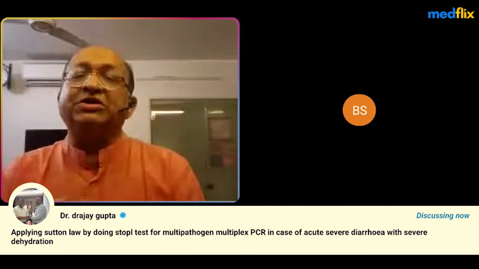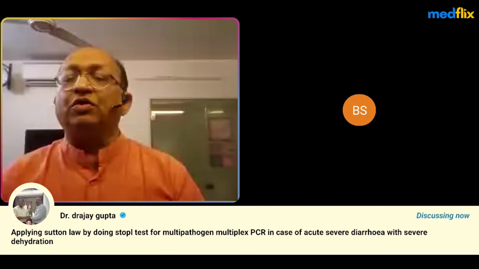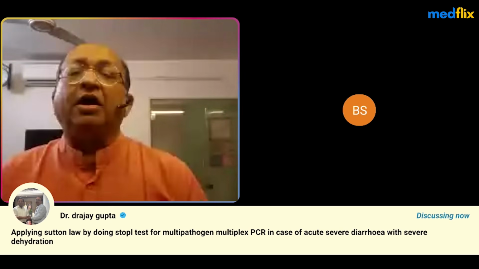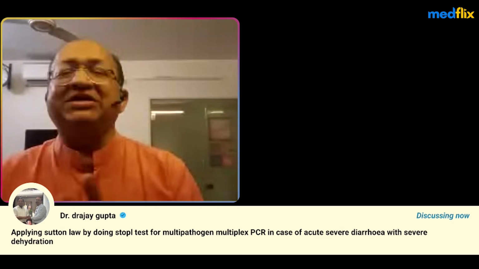Should we use the multiplex PCR in all cases of acute severe diarrhea? I think we should not use investigations as a substitute to justify that we are following Sutton's law and going where the money is. We must have a clinical approach.